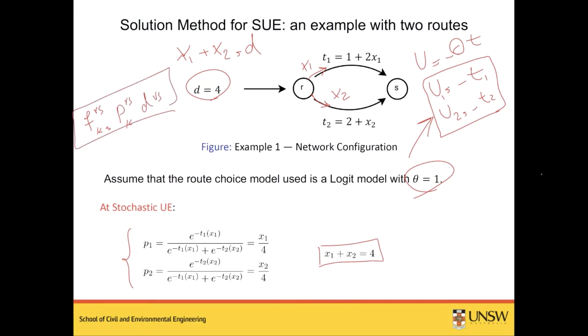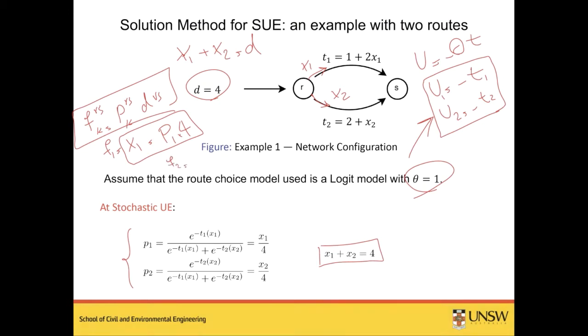So the flow of path 1, which in this case is equal to x1, is equal to the proportion of people taking path 1 multiplied by the demand, which is 4. So x1 is actually p1 multiplied by 4. Same thing applies with the second route, so f2 is also equal to x2.